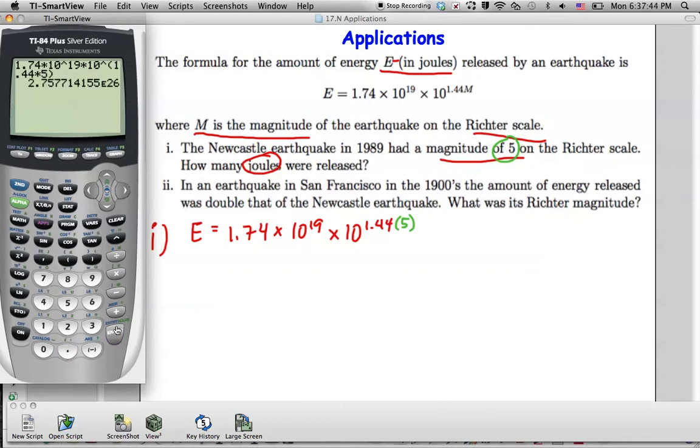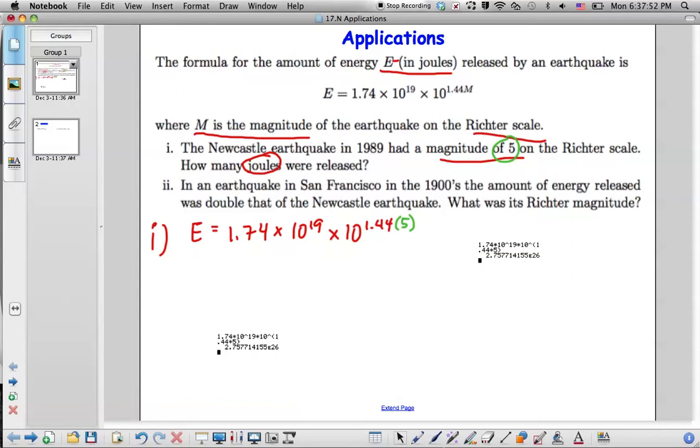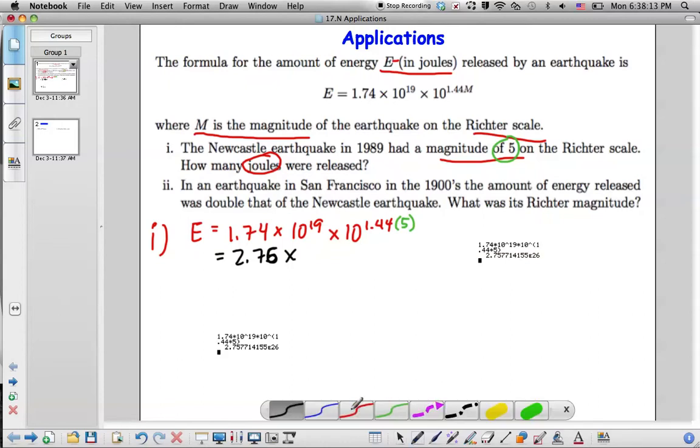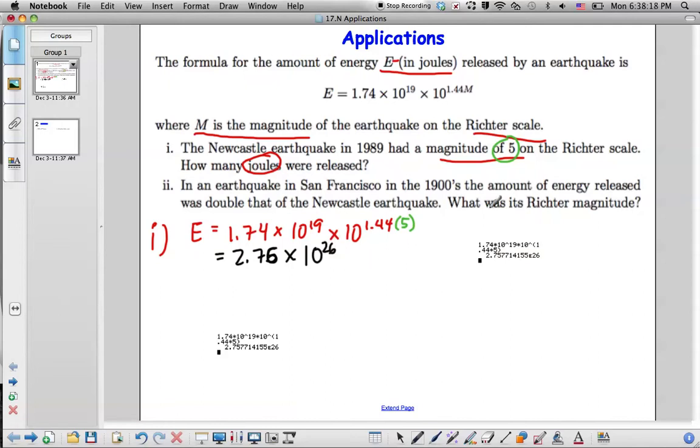Press enter. And we get, bring it over here, our final answer to be 2.76, rounded to 3 significant figures. Notice that it has this E notation, which we know in our graphing calculator means scientific notation, so it's 10 to the 26 here, and we're looking at joules.